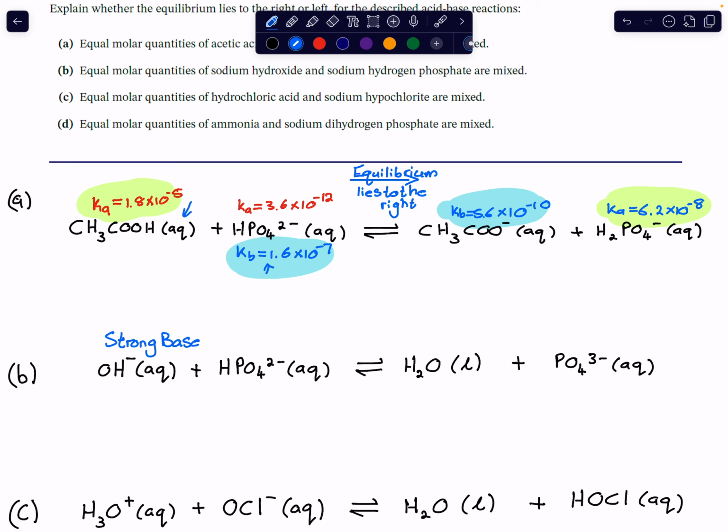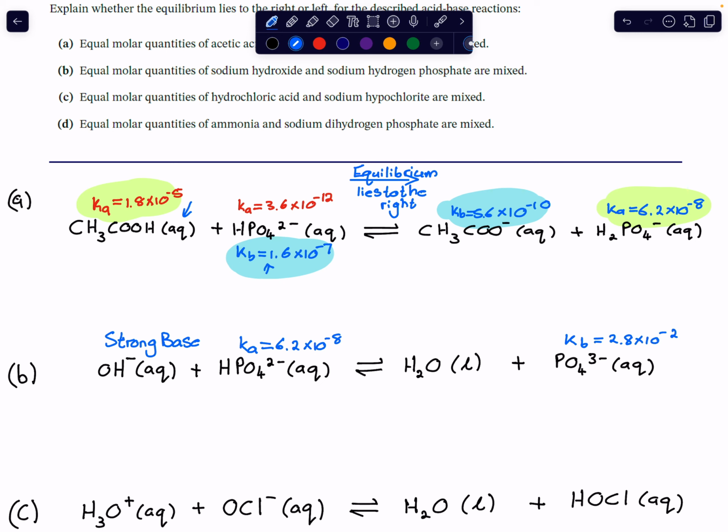Hydrogen phosphate has a Ka of 6.2 times 10 to the negative 8. Water is kind of neutral, so it doesn't really do anything. And there's a Kb for the phosphate equal to 2.8 times 10 to the negative 2.